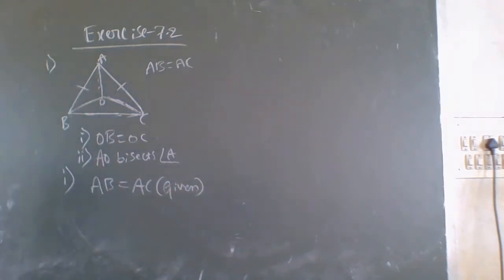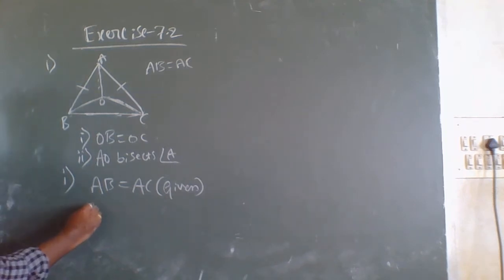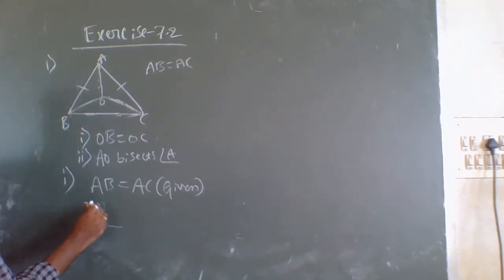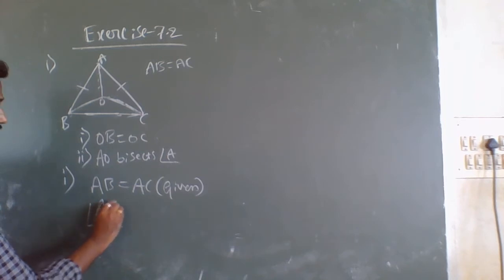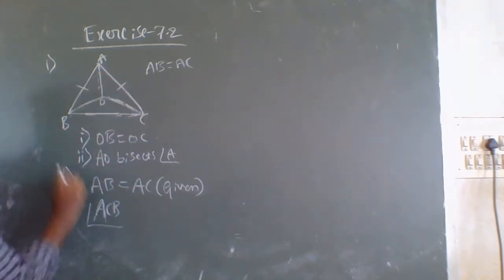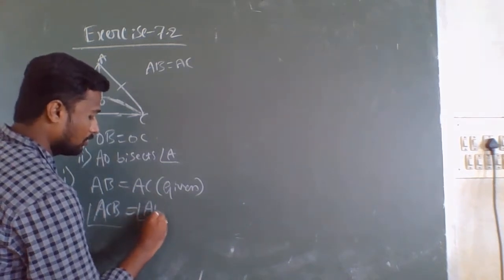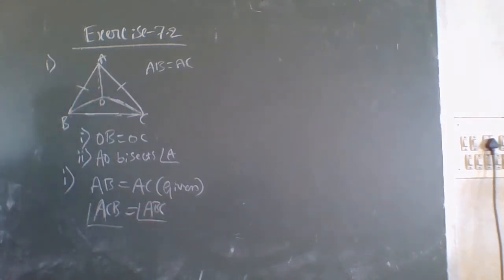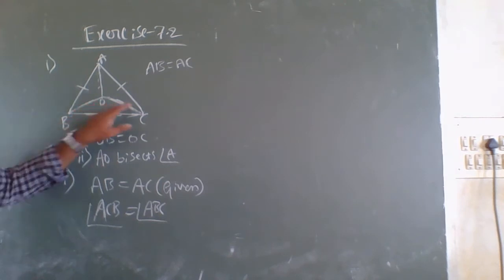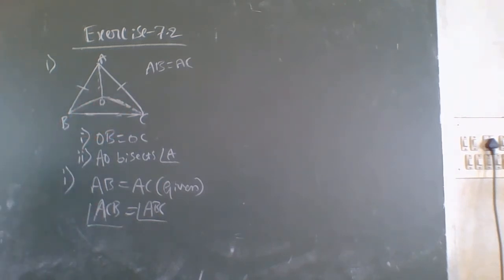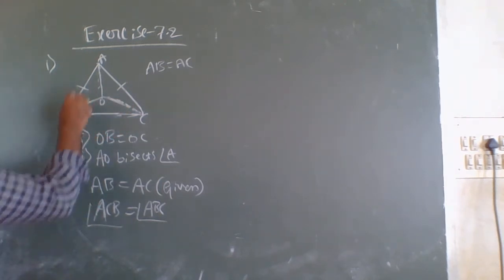Now, angle ACB is equal to angle ABC. Why? Here I will write angle ACB. This angle ACB is equal to angle ABC because these two are the angles opposite to equal sides.